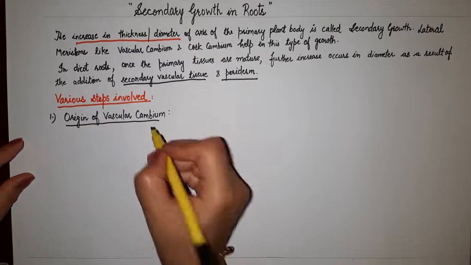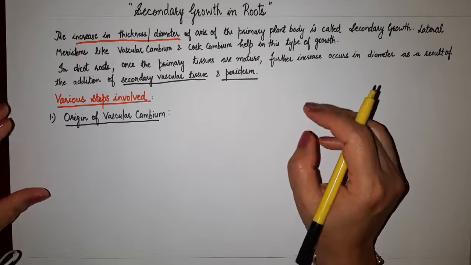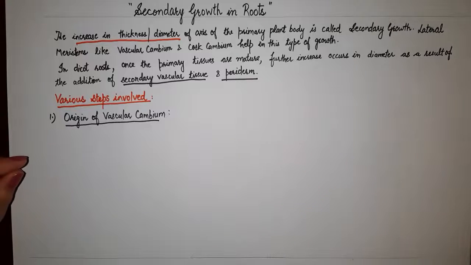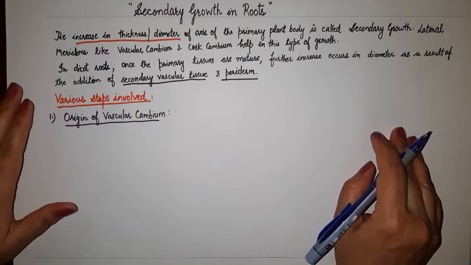Now, in order to understand how the vascular cambium develops, first we should know the internal structure of the dicot root, because initially during primary stages no cambium is present in the tissues.